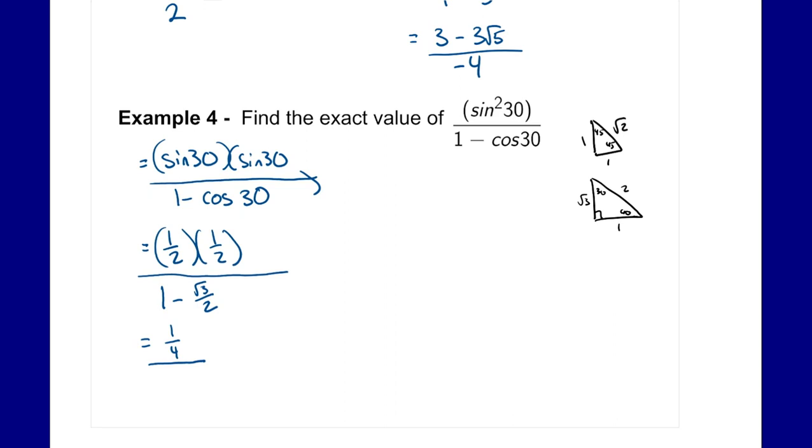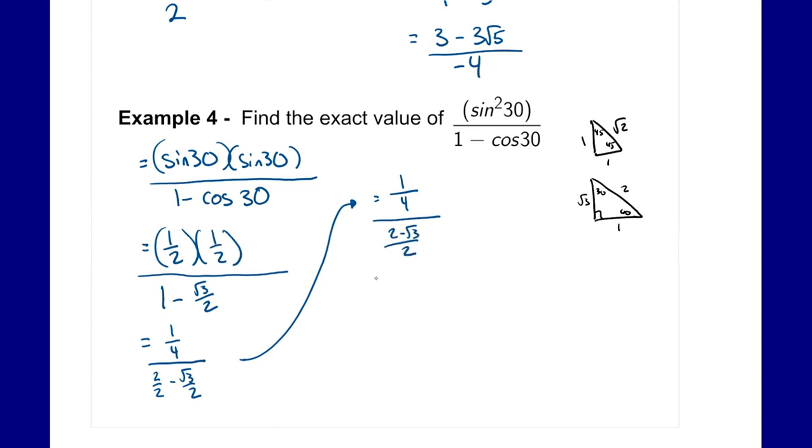In order to do that, I am going to make this a fraction. So 1 becomes 2 over 2 minus root 3 over 2. Let's bring this up for more space. So we get 1 over 4 divided by 2 minus root 3 over 2.